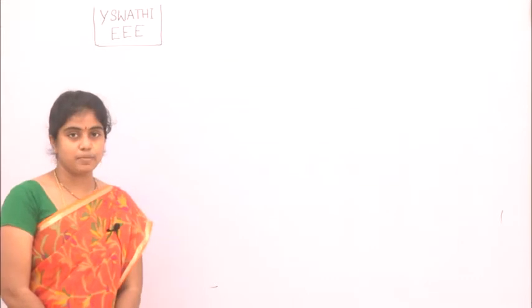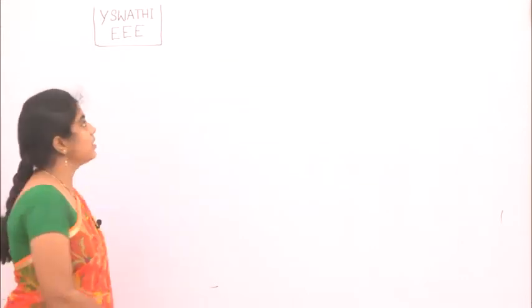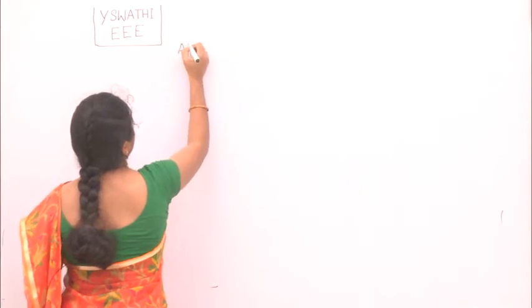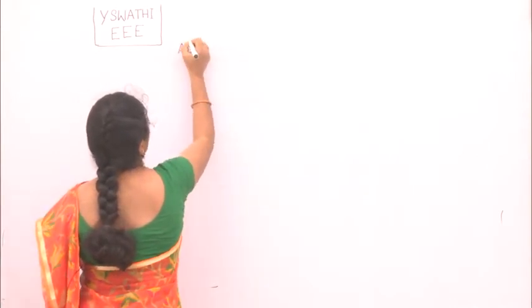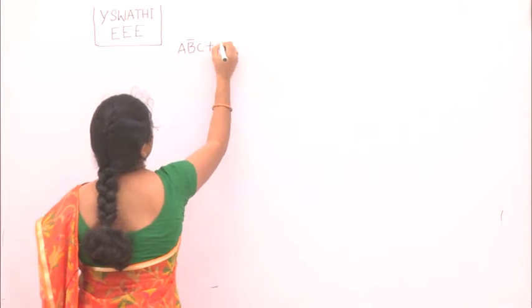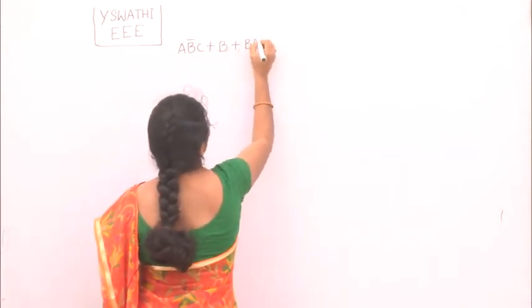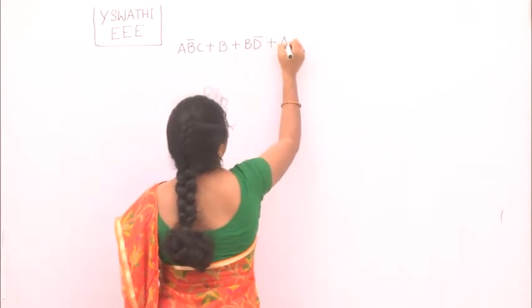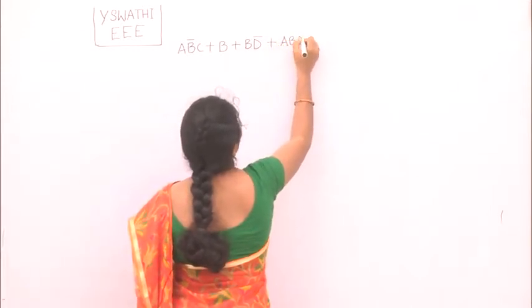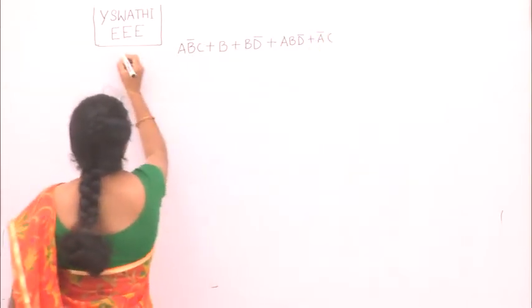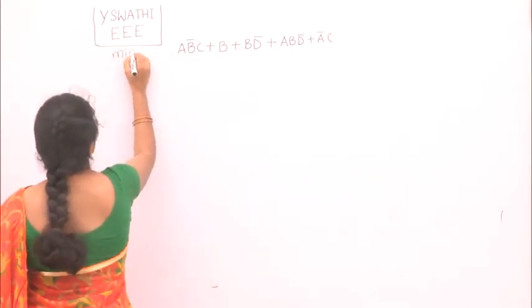Now we will solve another Boolean expression to minimize it, that is A B complement C plus B D bar plus A B D bar plus A bar C. We have to minimize the given expression.